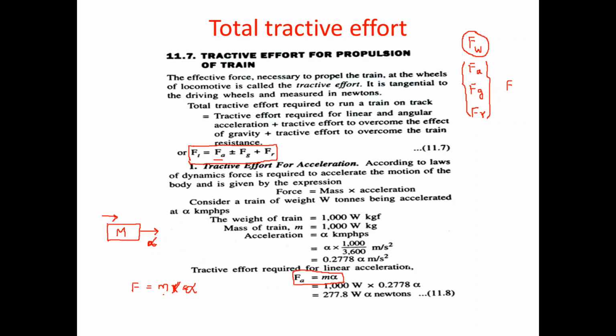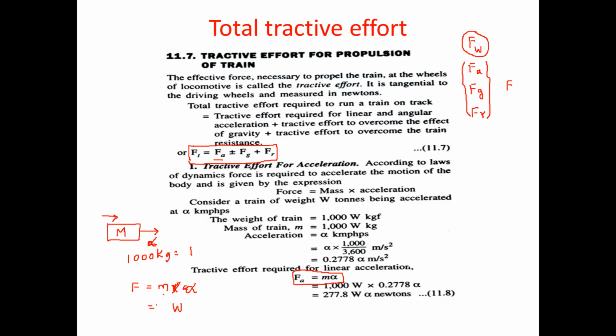Now m should be in terms of kg, but here the mass is given as W, in tons. 1000 kg is equal to 1 ton.